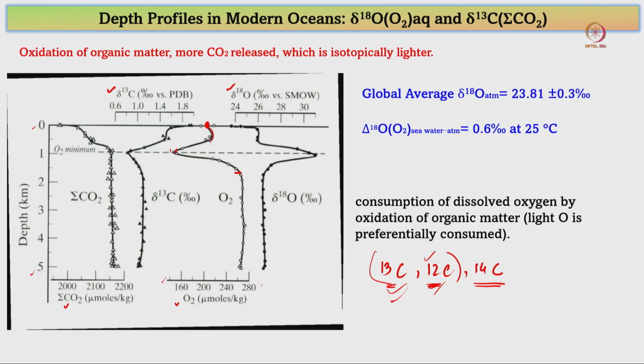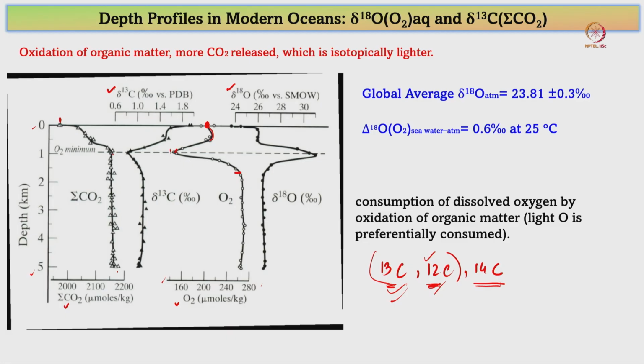The CO2 value starts here, near the surface which is in contact with the atmosphere. So, this is very low and then it gradually increases, it goes on increasing up to this O2 minimum zone, after which it gets stabilized, after which it no longer shows any significant changes and it remains almost constant.